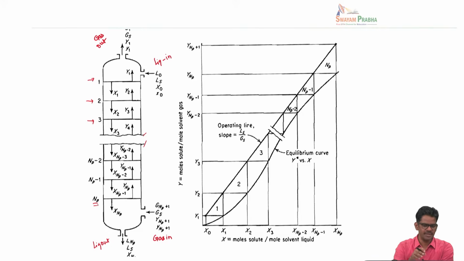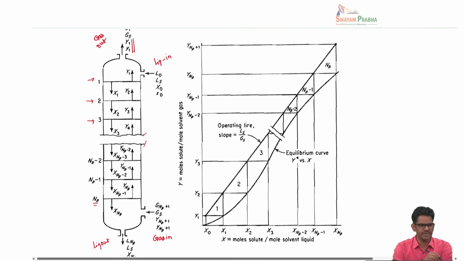The trays are numbered from top to bottom. Because of that, the gas and liquid streams are also numbered in such a way that the outgoing gas composition is y1 and the incoming liquid composition is x0. This is slightly different from the nomenclature in the packed column, so I want you to take note of this difference.